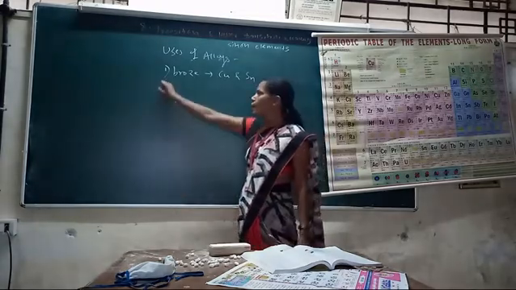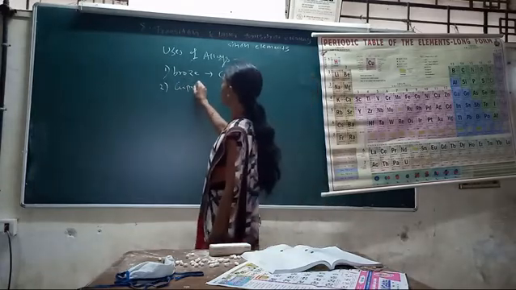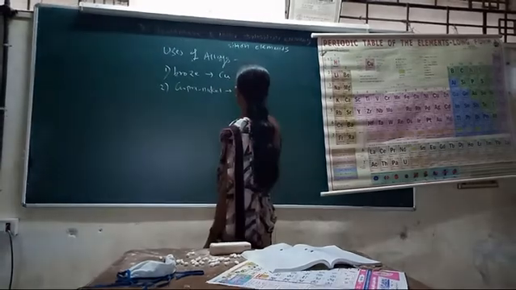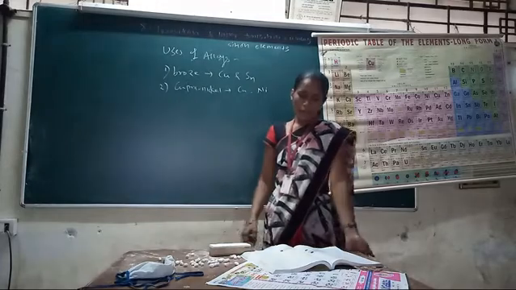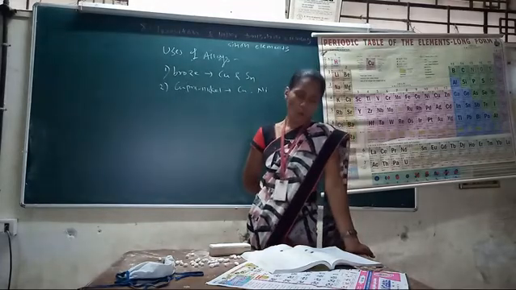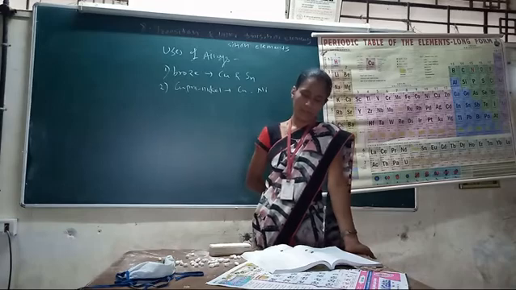Then the second use is cupro nickel. Cupro nickel alloy contains copper and nickel. This alloy is used for making ships, boats and machinery parts due to its strength.